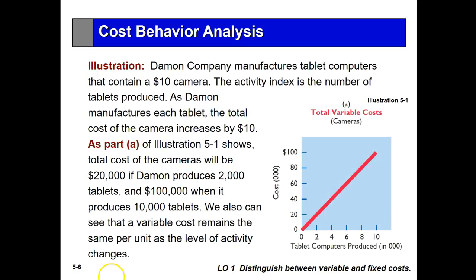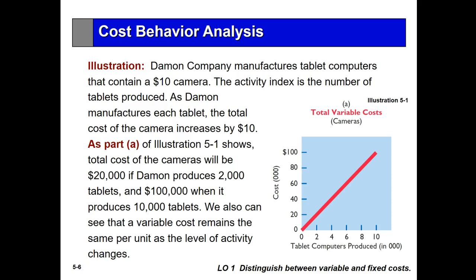So here's an example. This company manufactures computers, and each contains a $10 camera. Therefore, if I produce 2,000 computers, then the cost of my cameras would be $20,000 total cost. It's a variable cost. If I was to graph it, at zero production, zero total cost.